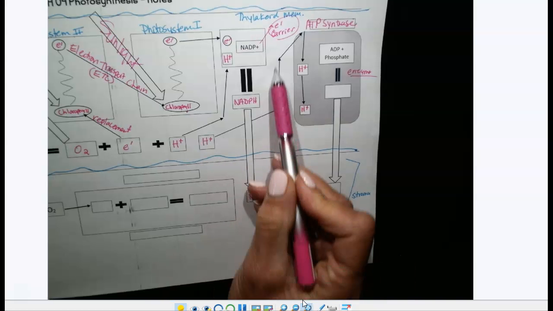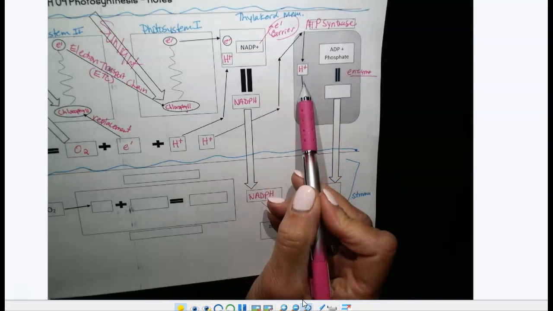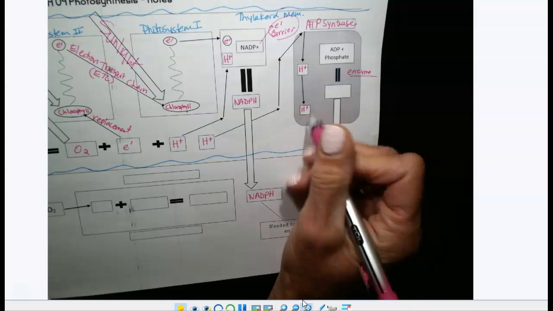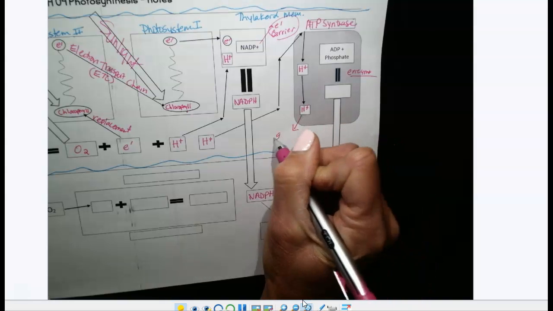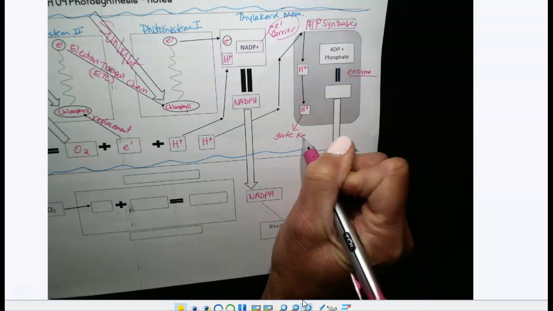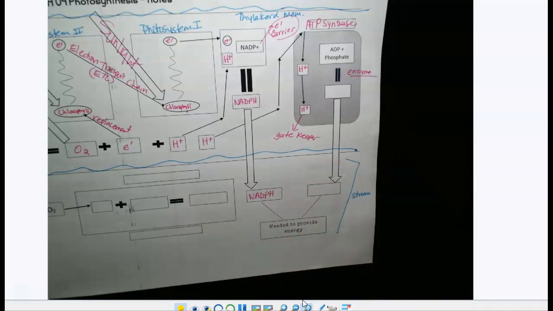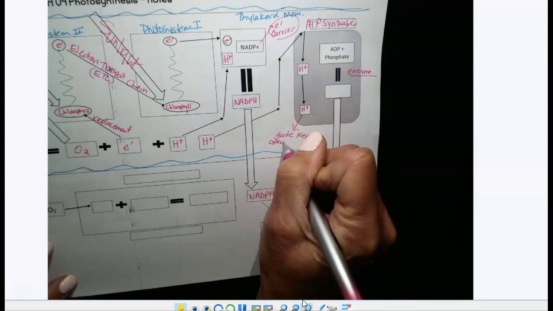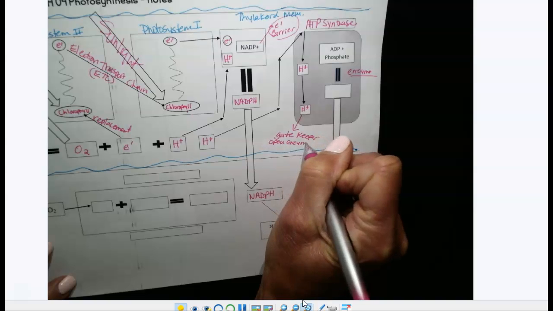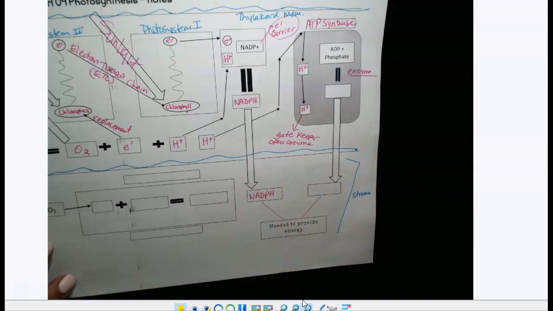So the hydrogen goes through this enzyme, and I'm going to write over here, he's the gatekeeper. He opens the enzyme and allows it to start working. So I'm going to say open enzyme. He's the guy with the starting gun at the start line.